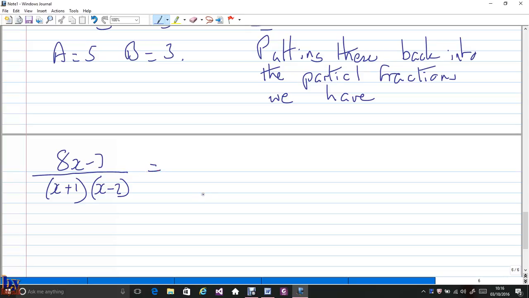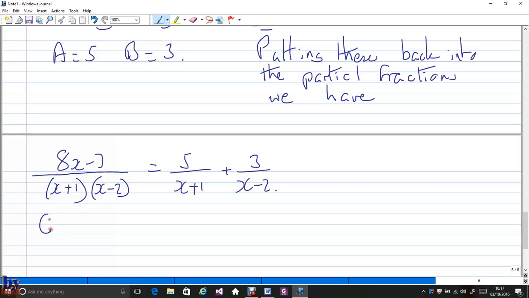Now it equals, now we know the value of a, 5 over x plus 1, and we know the value of b, 3 over x minus 2. So that's why it's gone from the equates sign to the equal sign, because we've worked out the values for a and b. But we can check by adding these two fractions together, and we should come back to this.